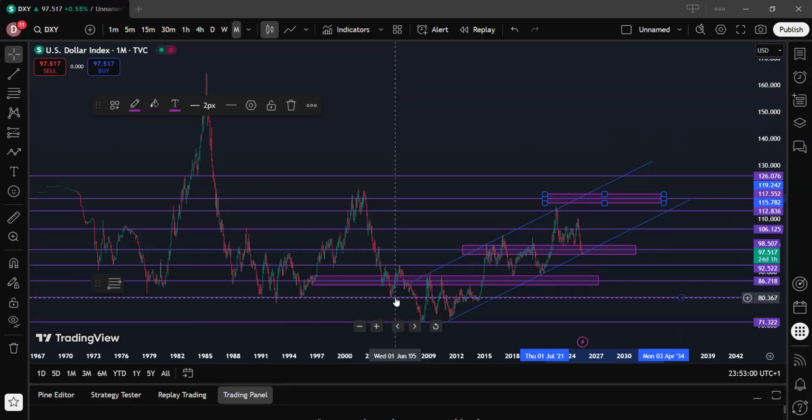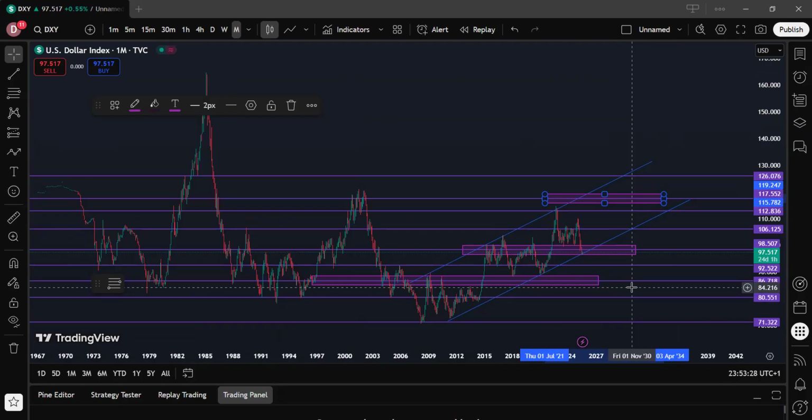So there's quite a lot of stops and traps around the zone, and then price continued to push down. So what I am expecting is a lot of dollar weakness moving into the next couple of weeks.